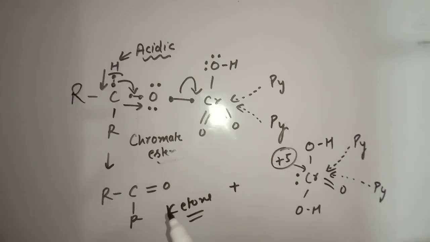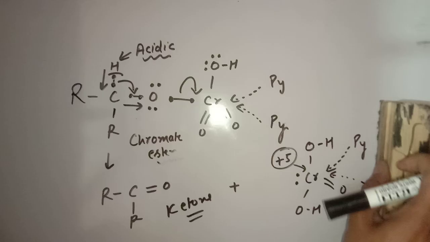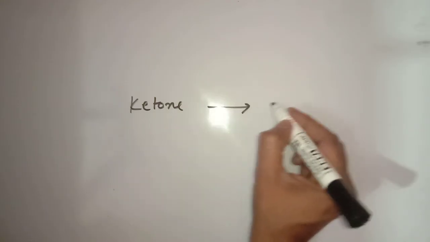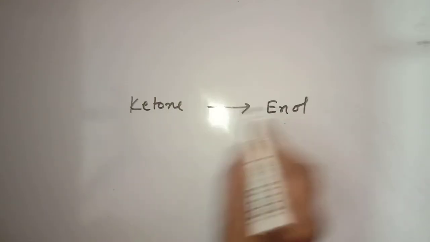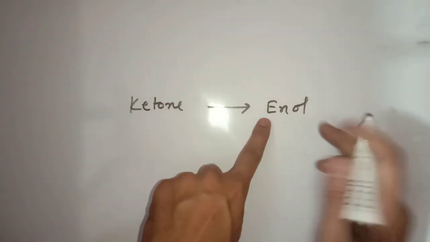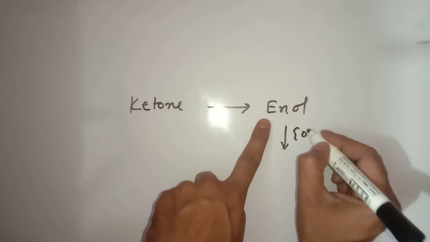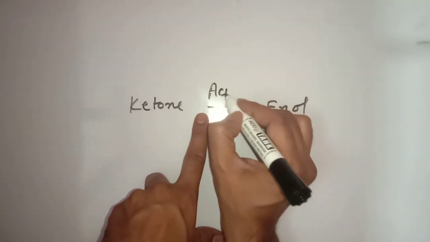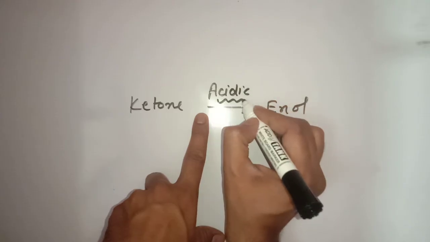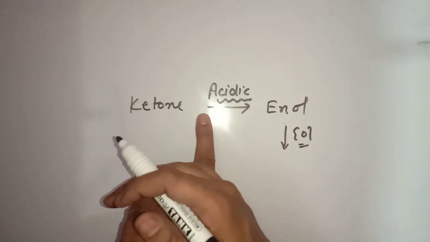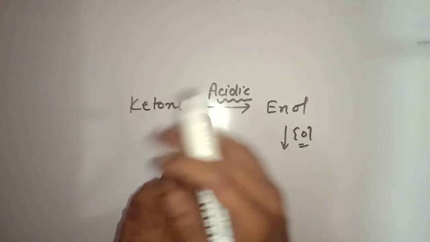Now can ketone oxidize further? For ketonic oxidation, we need to convert ketone into enol first. As we know how oxidation of ketone is done, first it will convert itself to enol, and enols will further oxidize. But for the conversion of ketone to enol, acidic conditions are required. But in this dipyridine chromium trioxide complex, we don't have acidic medium.